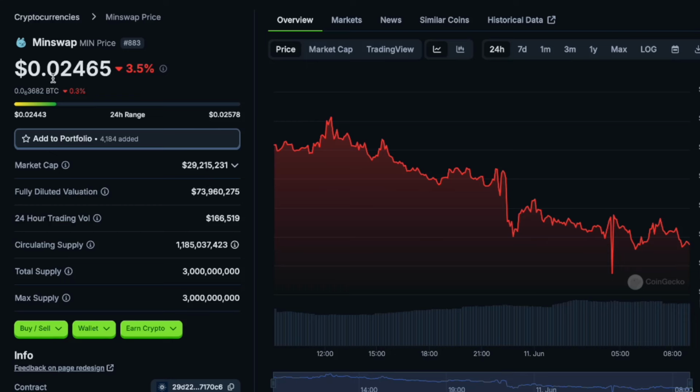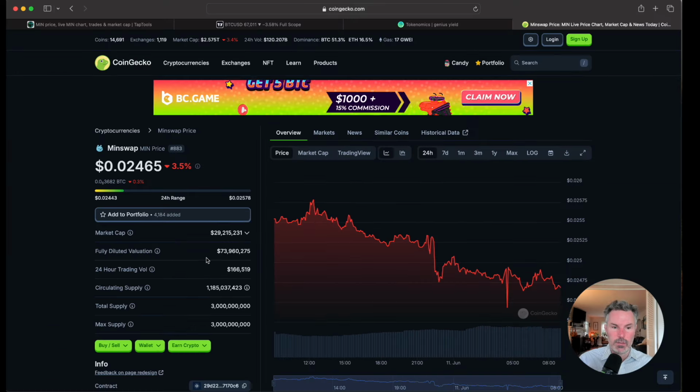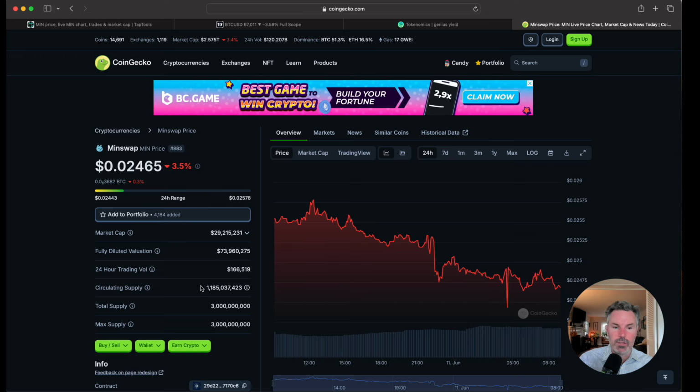If MinSwap needs to double in price, like go 100%, the entire market cap has to double also. That's taking into consideration that a massive amount of tokens are not going to come into the circulating supply; roughly a certain amount will come in.